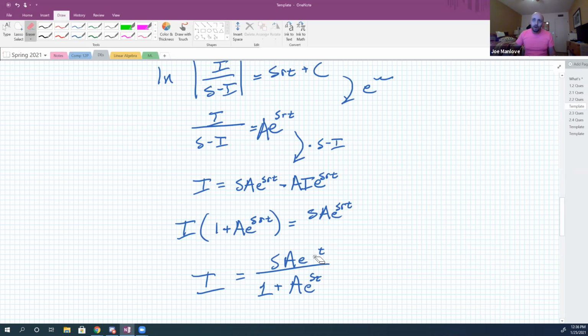That's supposed to be an R. SRT, SRT. Okay. Everybody good with this? Yeah, I see my problem. I was treating S as a variable when I should have been treating it as a constant.